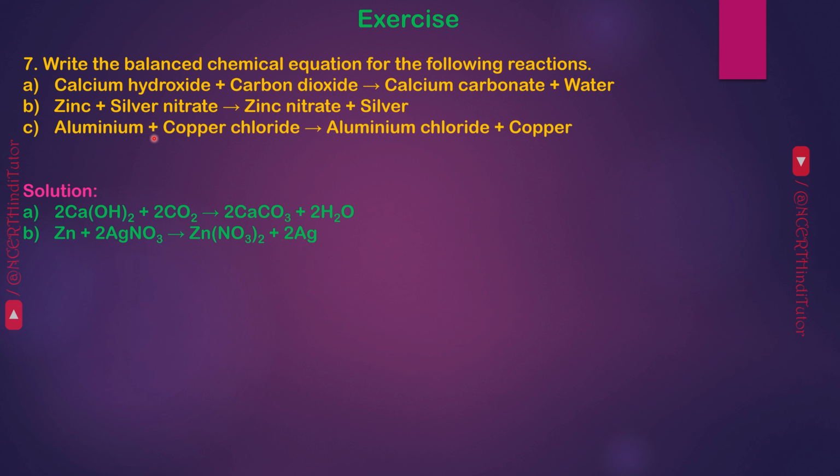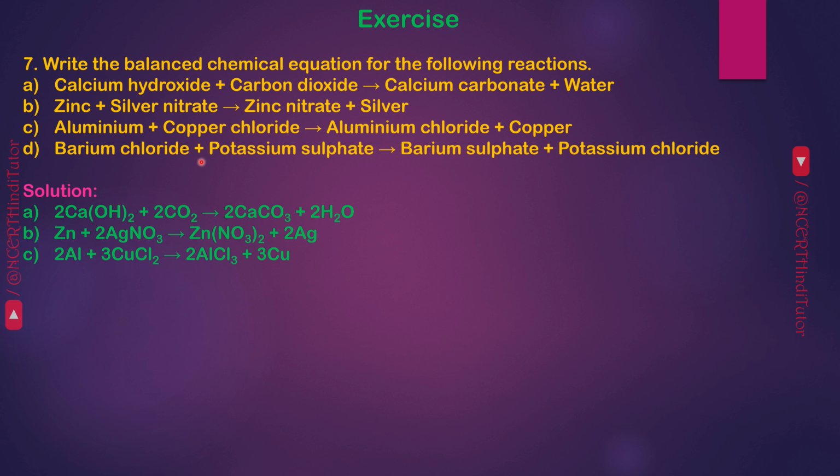C. Aluminium plus copper chloride gives aluminium chloride plus copper. Answer: 2Al plus 3CuCl2 gives 2AlCl3 plus 3Cu. D. Barium chloride plus potassium sulfate gives barium sulfate plus potassium chloride. Answer: BaCl2 plus K2SO4 gives BaSO4 plus 2KCl.